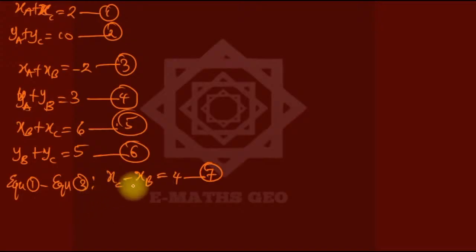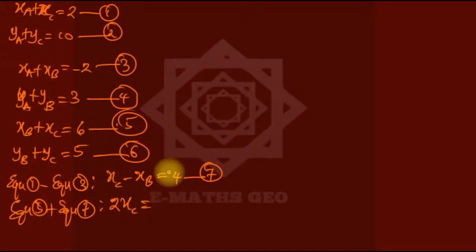Which ones have XC and XB? Let's check. Do you see it? I can solve equations 5 and 7 simultaneously. How do you do it? We can eliminate XB by addition. Let's do equation 5 plus equation 7. XB plus minus XB is 0, XC plus XC is 2XC, and 6 plus 4 is 10.